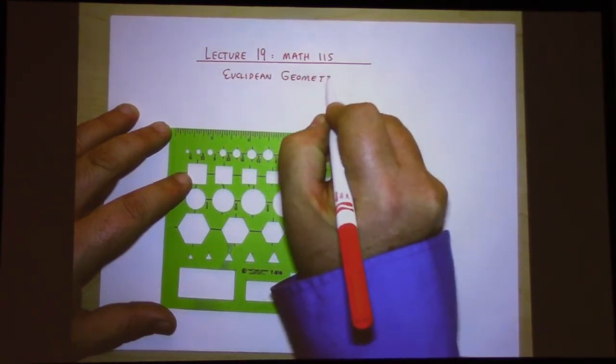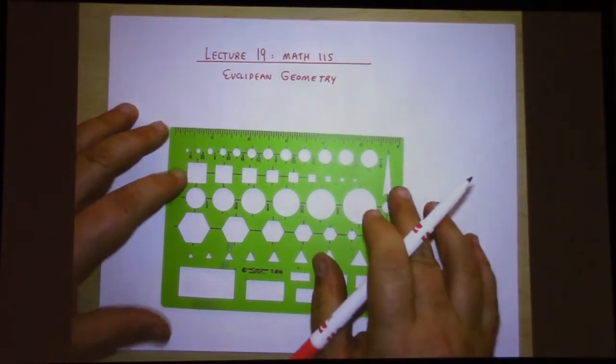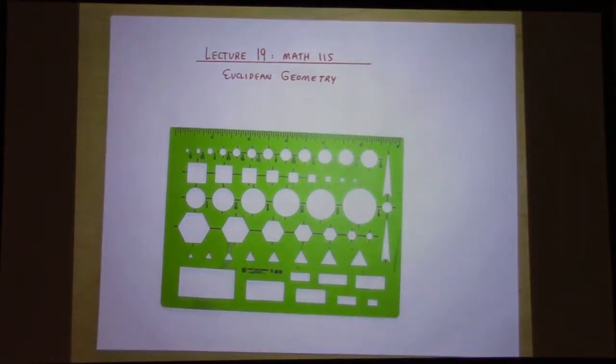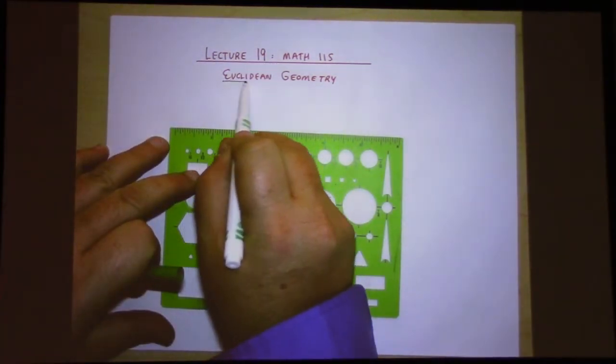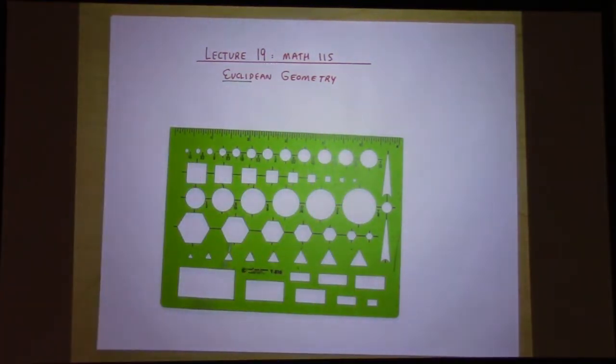So Euclidean geometry, I mean, the Euclid in it is kind of the key, right? That's where we think of it coming from. Who was Euclid? I think we talked about this early on, right? A little bit. So Euclid was a Greek mathematician.